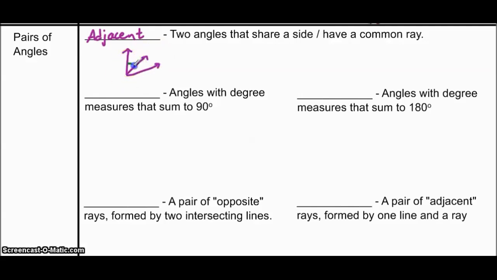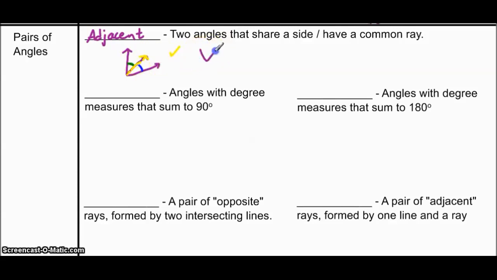We have one angle here in green and one angle here in blue. These 2 angles are adjacent because when we look at the sides of these angles, the rays, they share this ray right here that I'm putting in yellow. Both the blue angle and the green angle have this ray in common. So that would be a pair of adjacent angles.